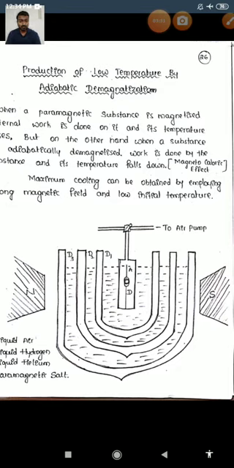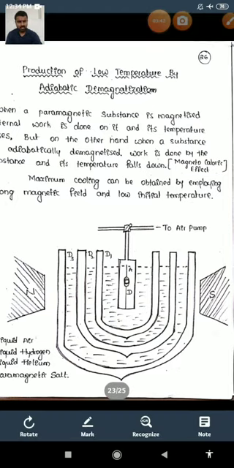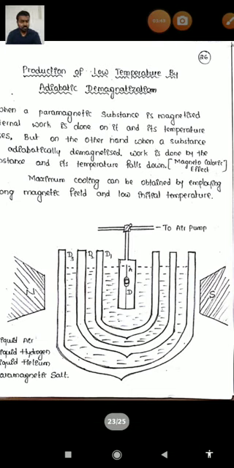Then, after maintaining a constant low temperature of the paramagnetic substance, the strong magnetic field is switched off. The strong magnetic field given to the paramagnetic substance is removed, which means the substance is adiabatically demagnetized.